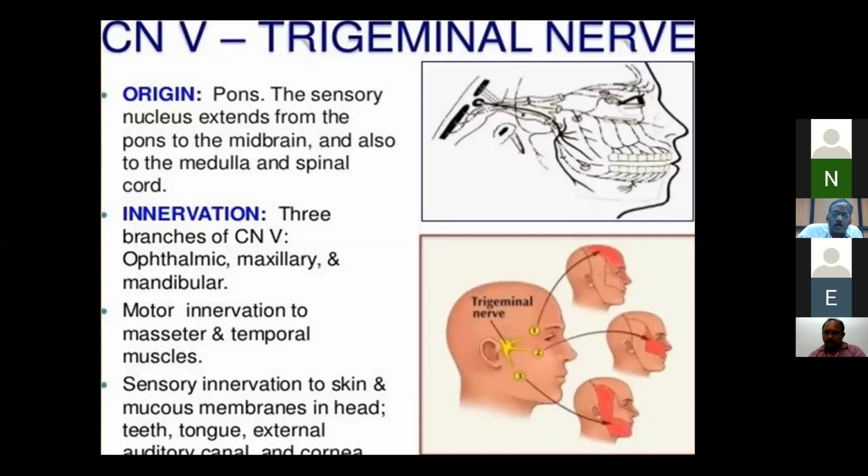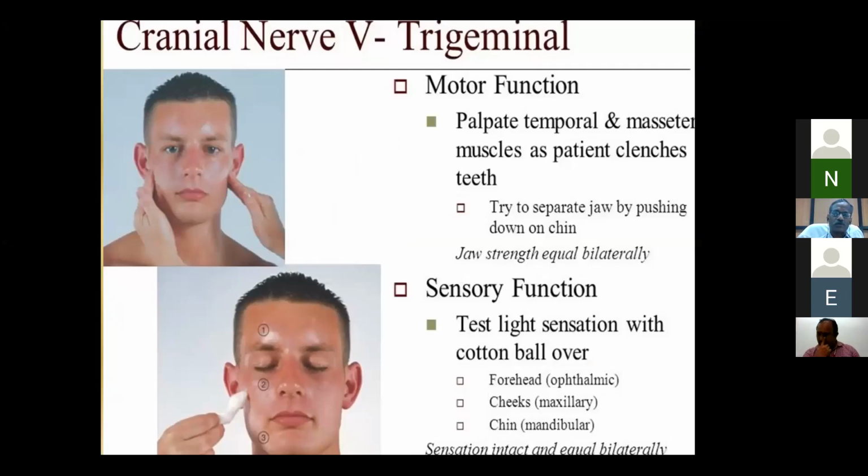Ask the patient to clench the teeth and keep your finger over the temporal fossa or over the teeth. Contraction felt in the temporal fossa indicates the temporalis muscle. Contraction adjacent to the teeth indicates the masseter muscle. So you can examine the motor part by palpating the temporalis and masseter as the patient clenches the teeth.